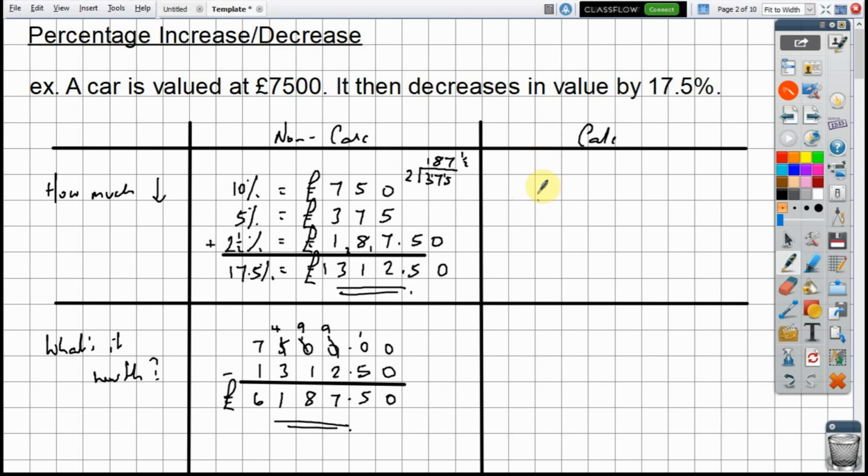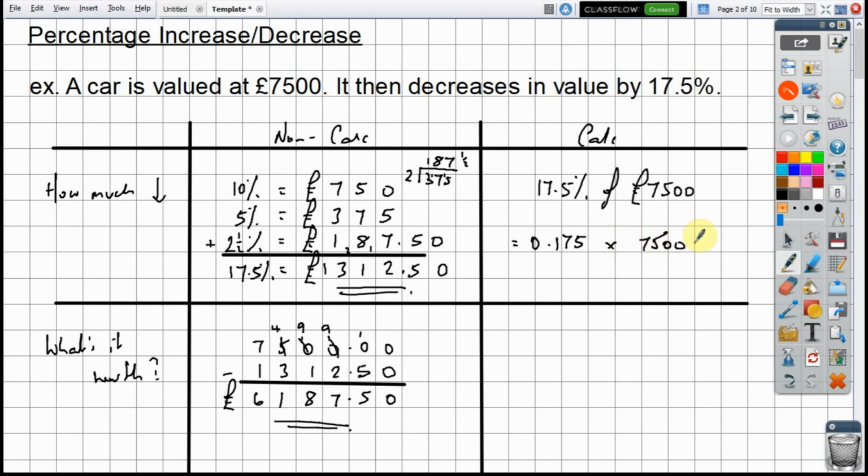With a calculator, we already saw how much easier this was. We want to decrease by 17.5% of 7,500. So what I can do, there's 10%, there's 17%, there's 17.5%.